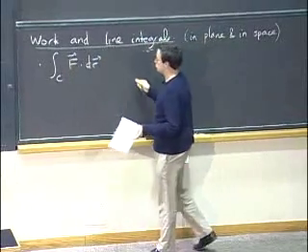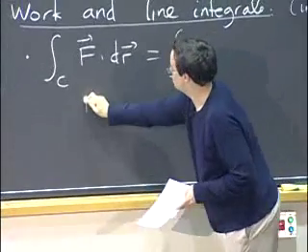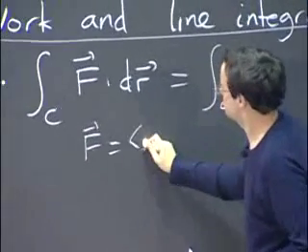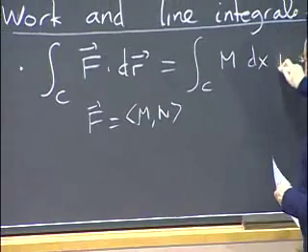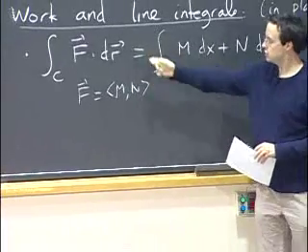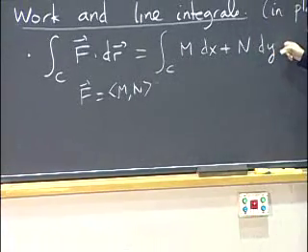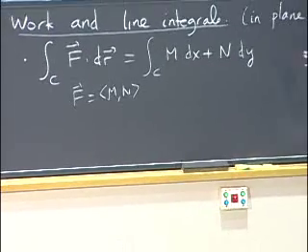And concretely what you do, if you're in the plane, you have two components, and then this becomes the line integral of m dx plus n dy. If you have a space curve, then you will have a third component, and you will add that times dz.